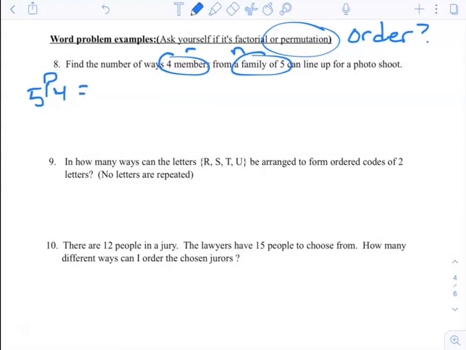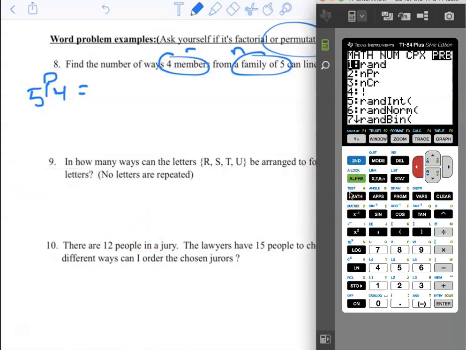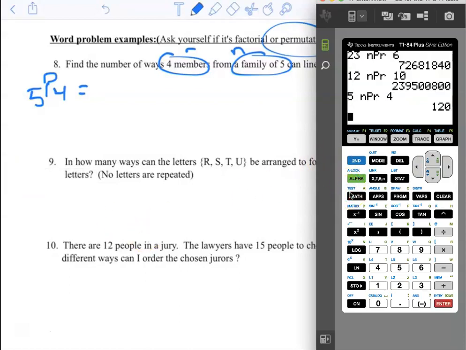Okay. You can do the formula for it. Let's not do that. Let's just have your calculator ready so we can get through these a little bit faster. So we have 5. We're going over to math, permutations, 5 permutations of size 4, which is 120 different ways you can do that. Okay. Moving on.